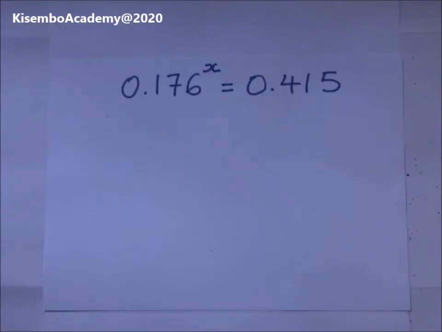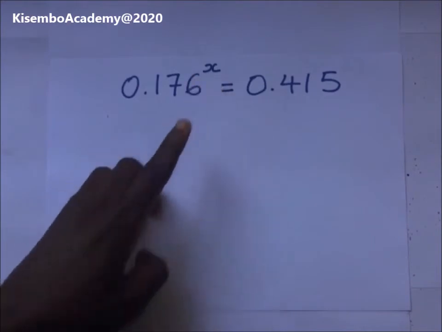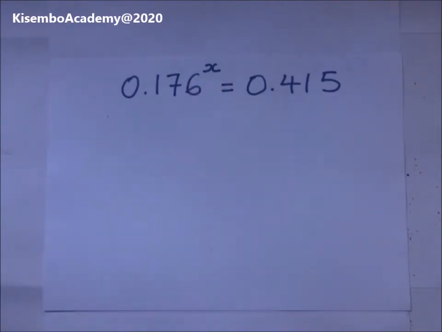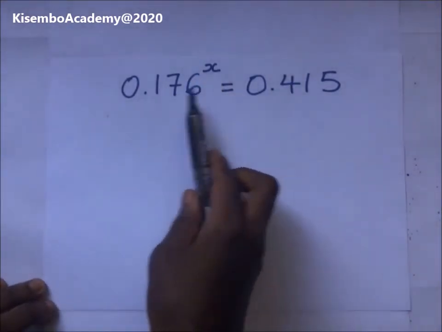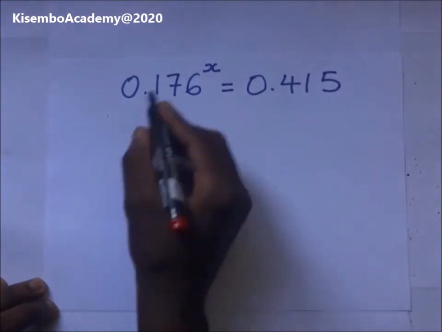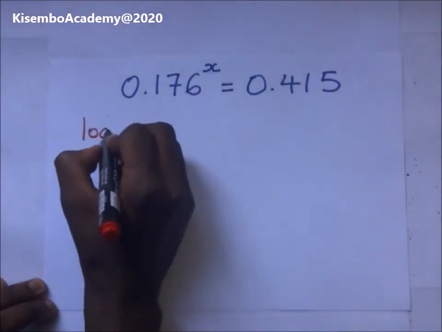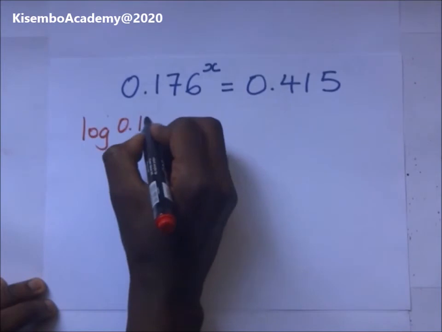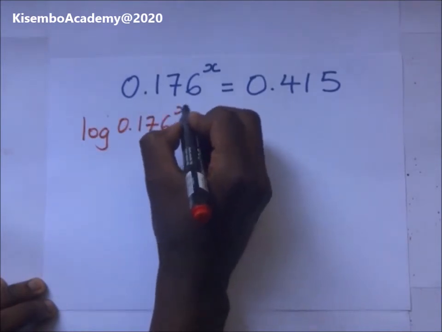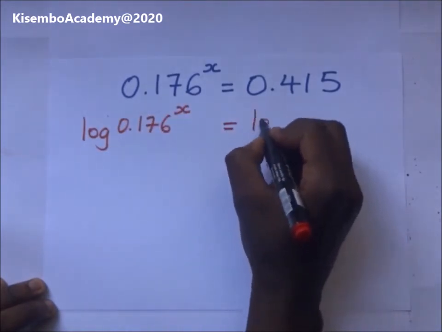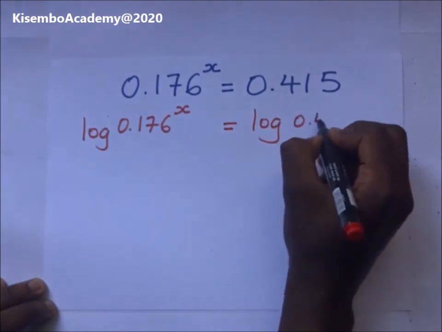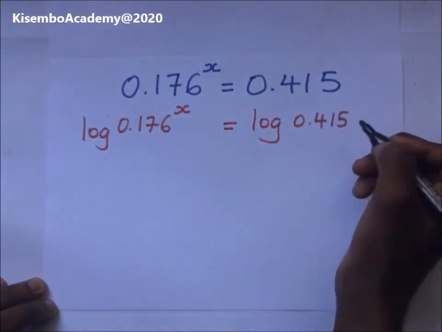Still, we are required to use logarithms to find the value of x here. We are going to do it like before. We are introducing logarithms to base 10 on both sides of this equation, so it's going to become the log of 0.176 to the power x is going to give us the log of 0.415.